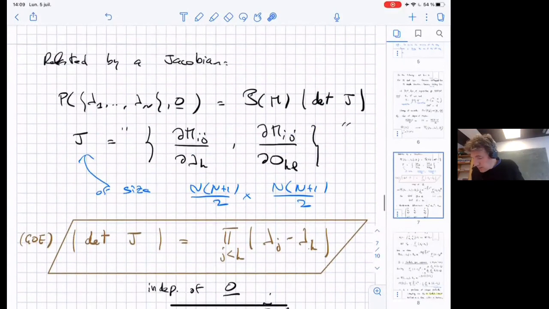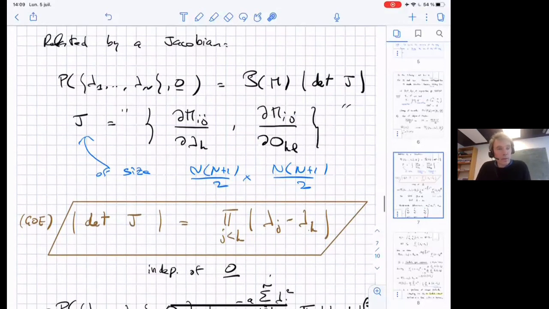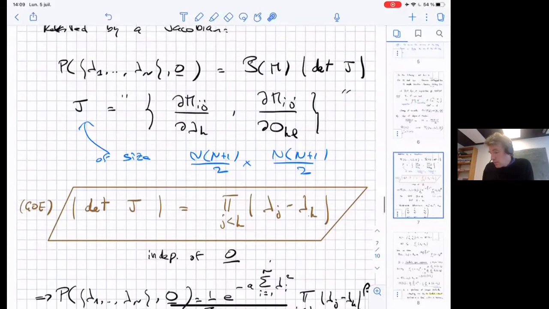In fact, the deep reason is always the same: the interactions that you get between the eigenvalues in all the matrix ensembles, even if you go, for instance, to a higher dimension.